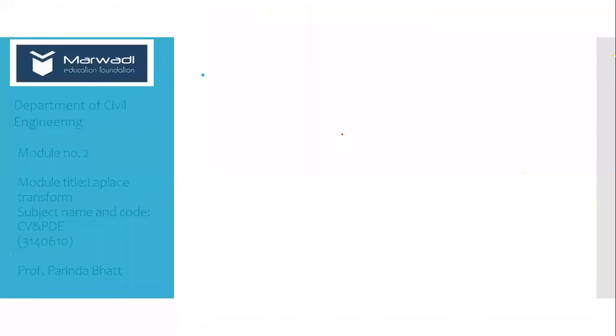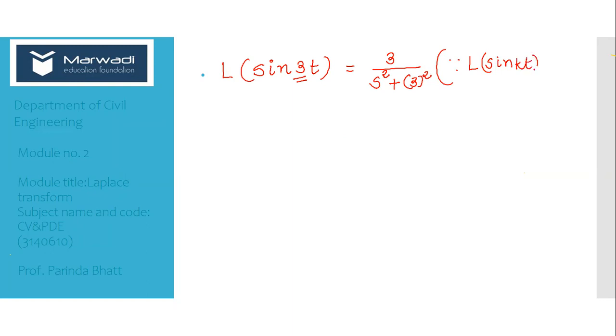Now, quickly we see one or two examples. Laplace of sin 3t. K value is 3. Therefore, 3 upon s square plus 3 square, because the formula is Laplace of sin kt equal to k upon s square plus k square, and here k value is 3.